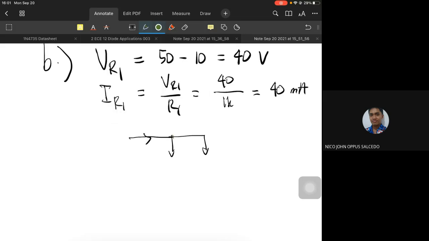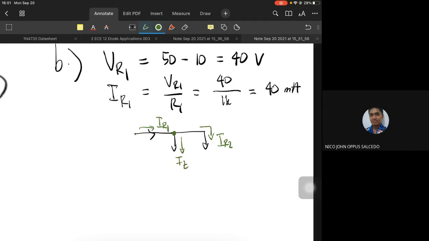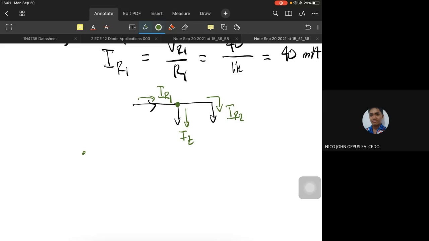Considering again node A, going dito si IR1, going dito si IR2, or current sa load, and dito si IZ. So, by virtue of KCL, meaning IR1 is equal to IZ plus IR2.